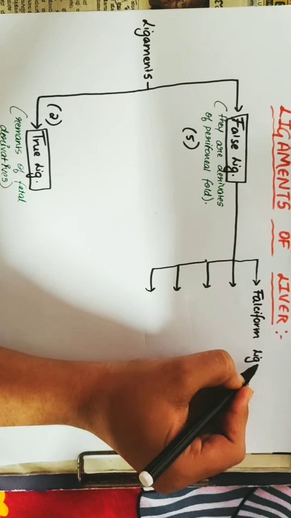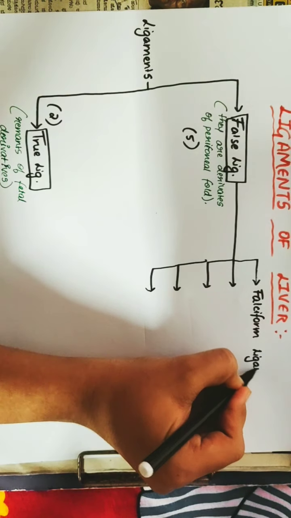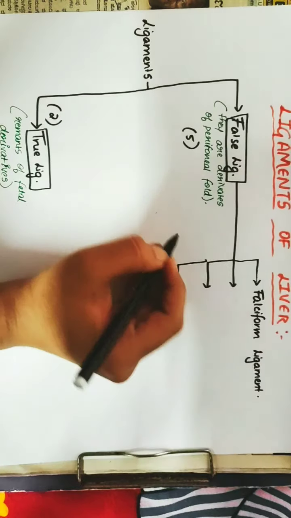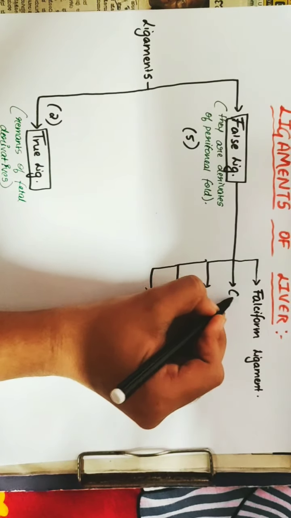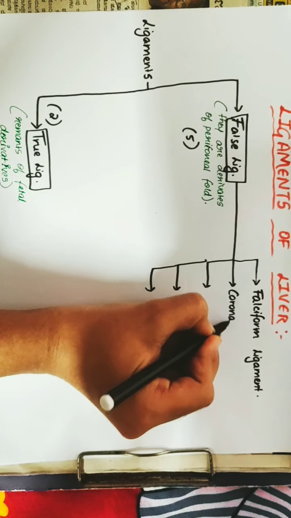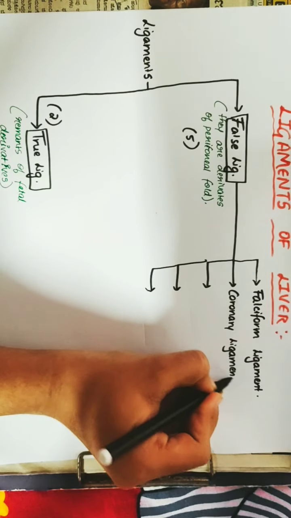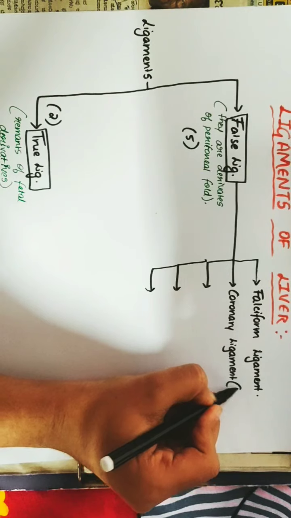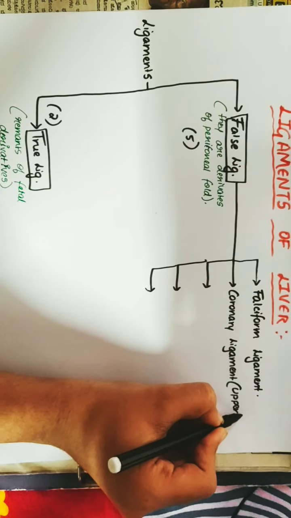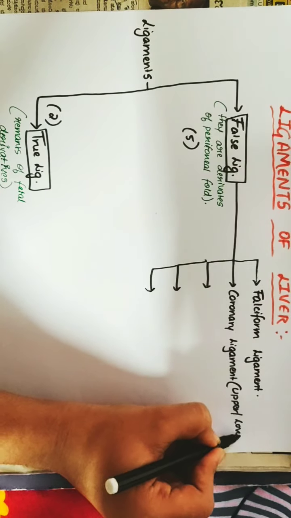I'll write it briefly, then I'll show you in the diagram. So, falciform ligament. Next comes the coronary ligament, which is of 2 types: upper coronary ligament as well as lower coronary ligament.